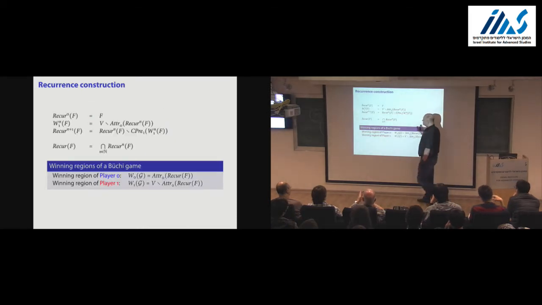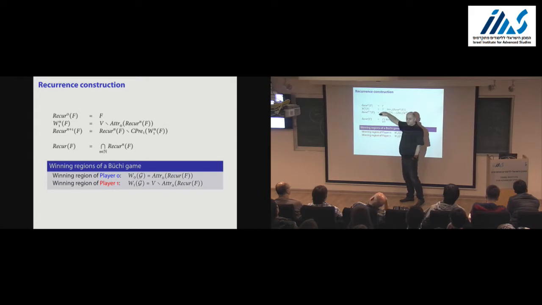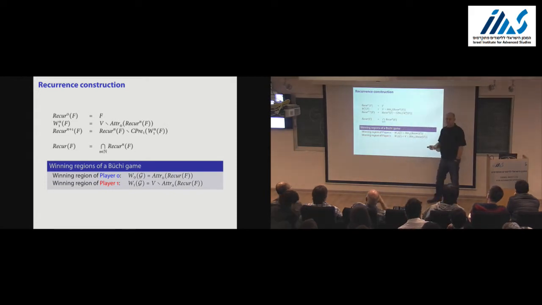So we again have a fixed point construction for this. And this time we start with F, so the set of Büchi states, but we reduce them step by step until we don't have any of these traps anymore.